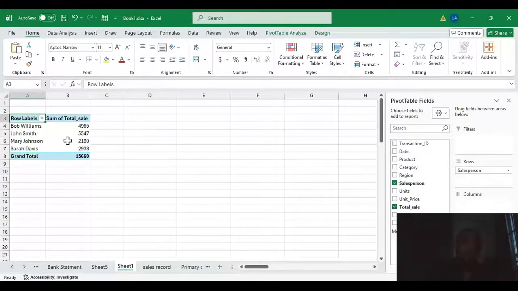And then over here, we have John, we have Bob Williams, we have Mary Johnson, we have Sarah Davis. And John Smith actually has the highest item sold here. So his own sales so far is actually 5,547.